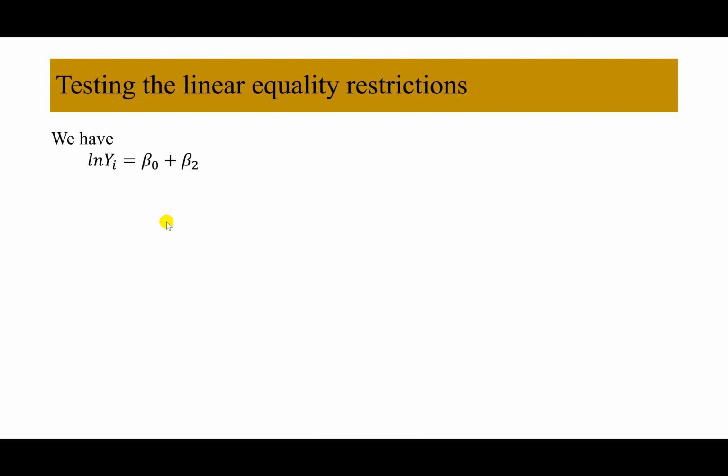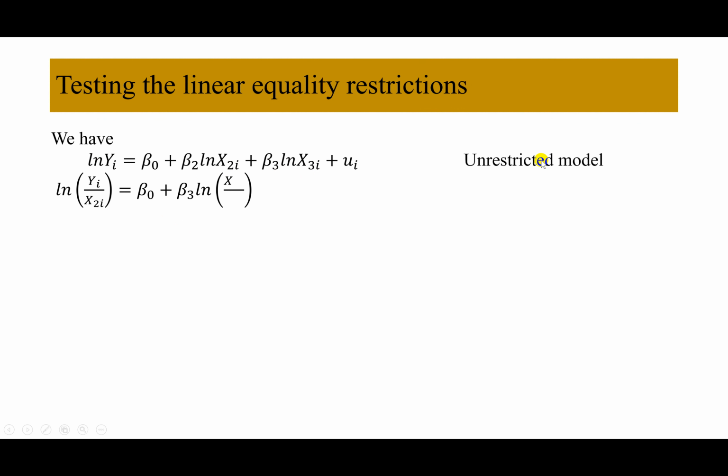We have log yi is equal to beta naught plus beta 2 log x2i plus beta 3 log x3i plus ui. So this model is called the unrestricted model, and we have found the restricted model as log of yi divided by x2i is equal to beta naught plus beta 3 log x3i divided by x2i plus ui.